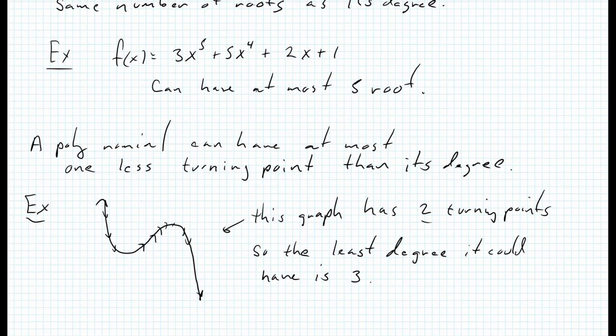So even polynomials always go either both up or both down. But you can't necessarily tell from the number of turning points exactly what polynomial it is. Usually you can only put a minimum bound on it. So I know this turns twice, so it can't be a degree 1 or degree 2 polynomial. It's got to be degree 3 or more. Could be a 5th degree polynomial though, right?